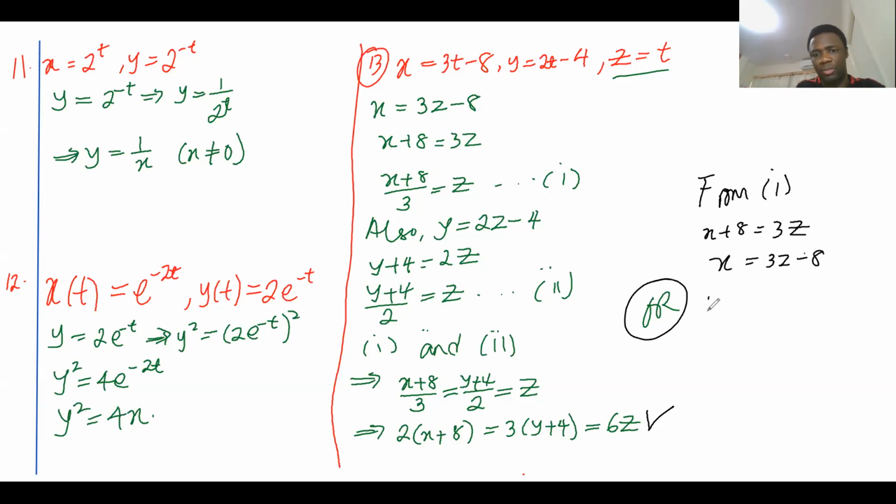And from 2, it's like just separating them like the way it was in the beginning. So y + 4 = 2z. Actually, that's like going back anyway. You understand my point? So y = 2z - 4.